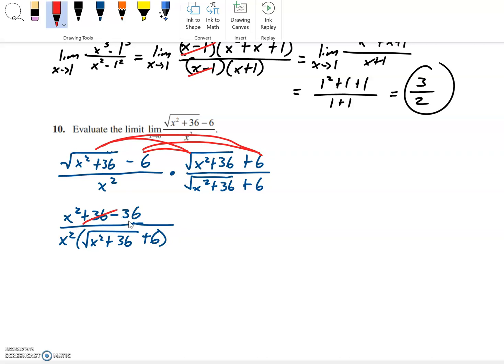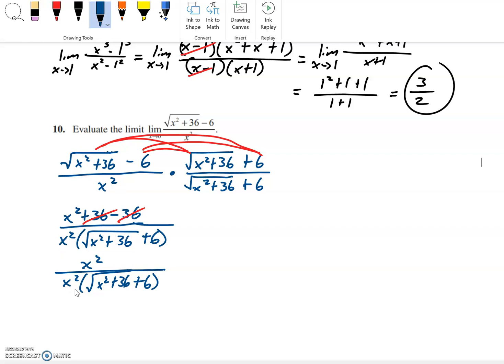So we have plus 36 minus 36. Those are gone. So our next stage is going to be x squared on top, x squared with our square root stuff on the bottom, plus 6, right? So here's what I'll say. Sometimes people go on a cancel fest, right? They cancel out the 36s, and then they cancel out the x squared. There's just things crossed out everywhere.